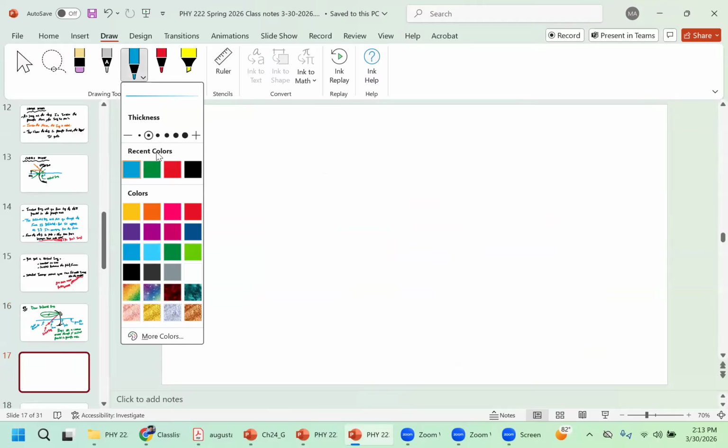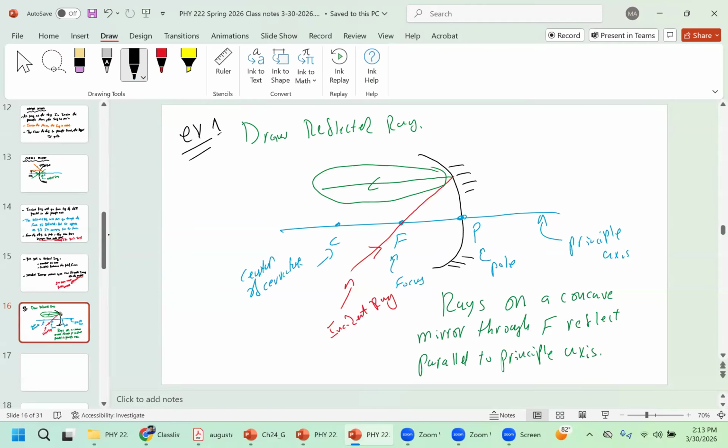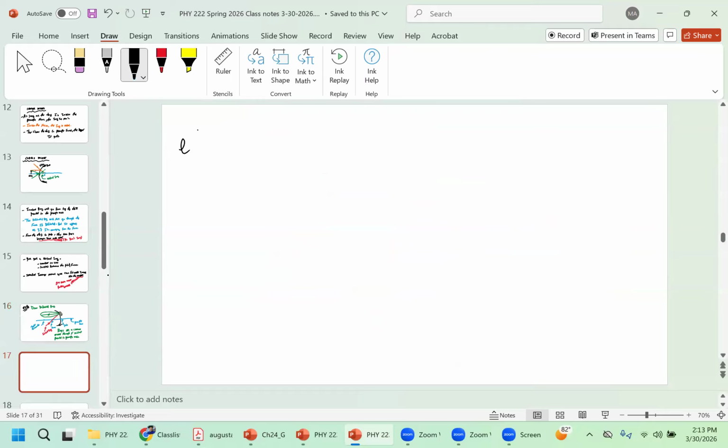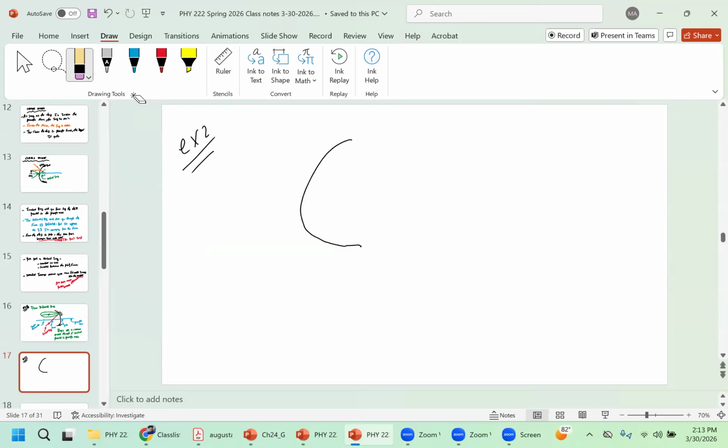Awesome. All right, well, let's do another one, shall we? Let me just call this example two. So let's say you got a mirror like this.